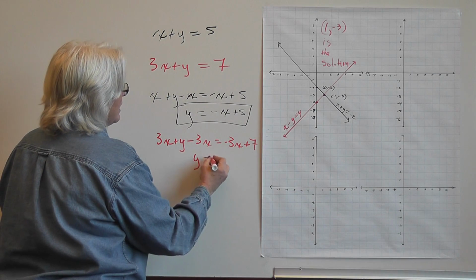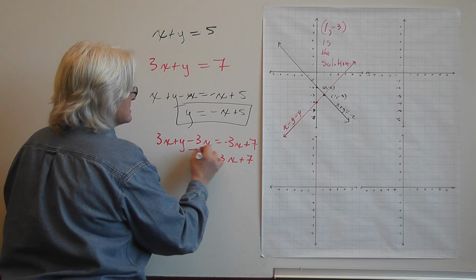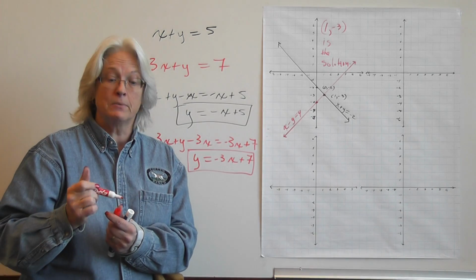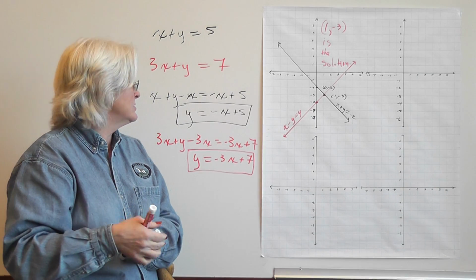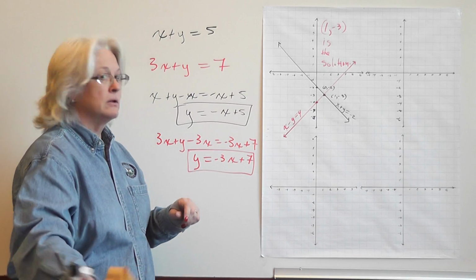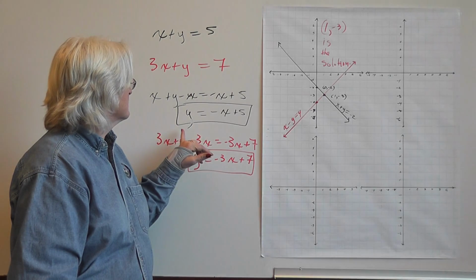We now have y is equal to negative 3x plus 7. We have the slope-intercept form of both of these two equations. So now we want to go ahead and graph these on the same set of axes.